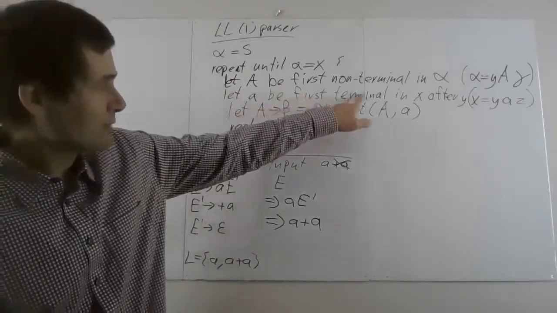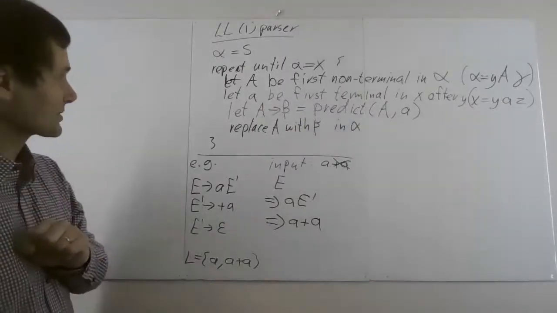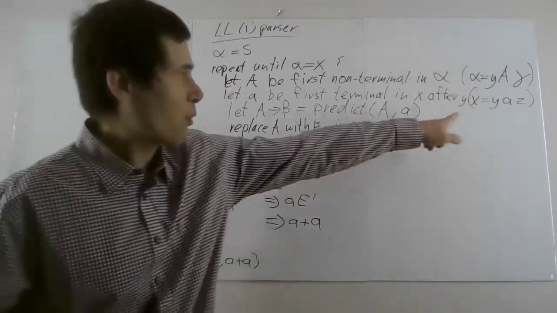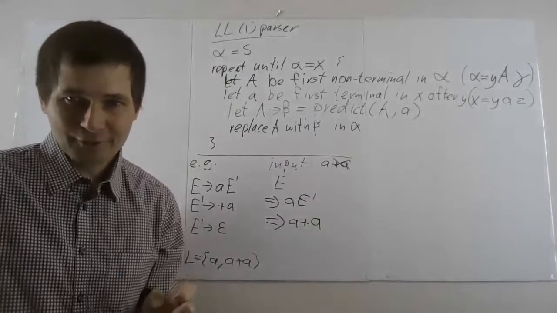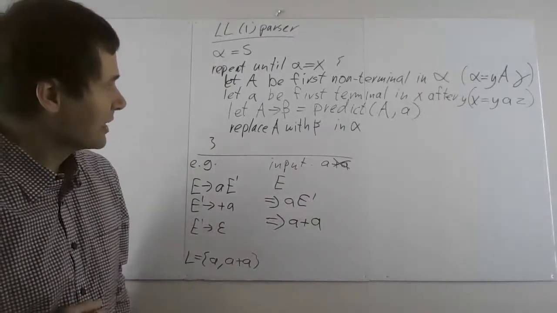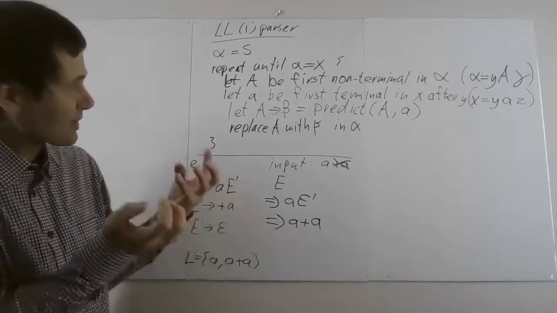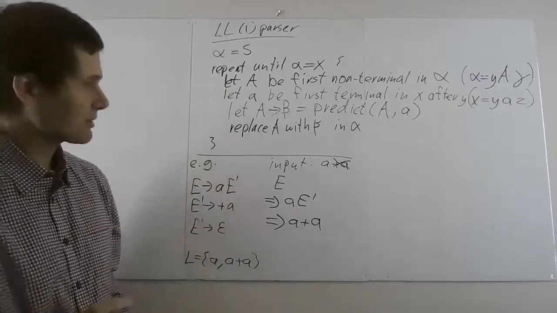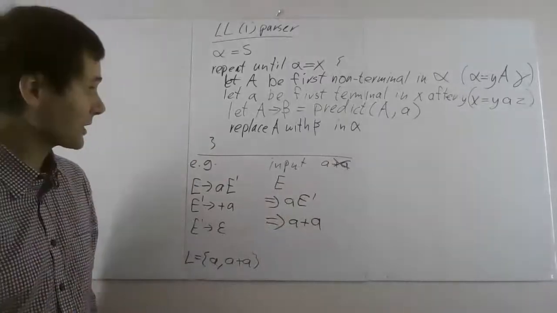Basically, there is no first terminal in X after Y. If that's confusing, ask in the chat. But we're going to fix the algorithm so that it can deal with this special case.